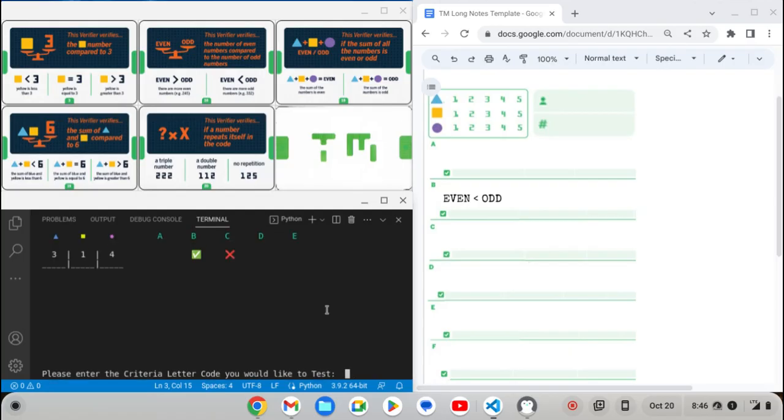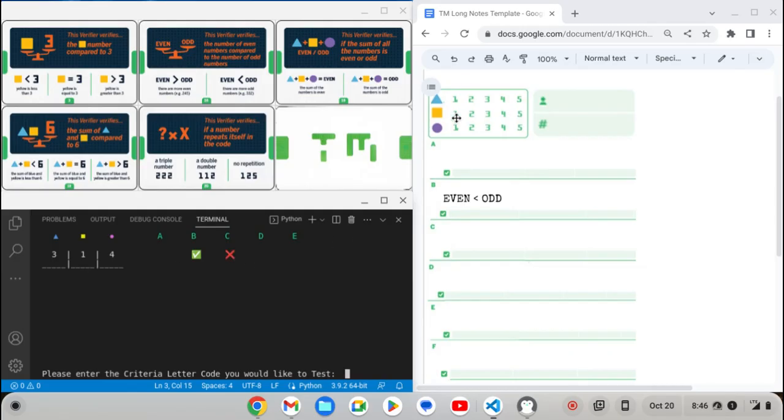Okay, so the Turing Machine does not approve of the proposal. So again, in criteria card C, we are adding up all the digits. So let's go ahead and do that. So 3 plus 1 is 4, and 4 plus 4 is 8. So my proposal has a sum total of 8, which is an even quantity, but the Turing Machine does not approve that.